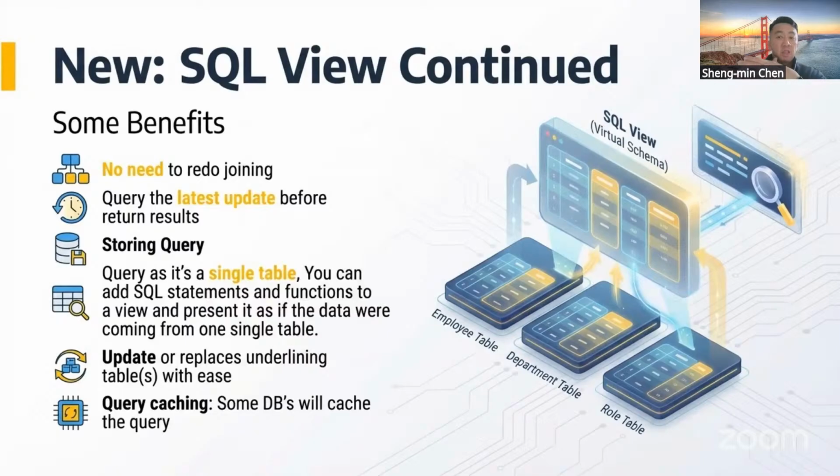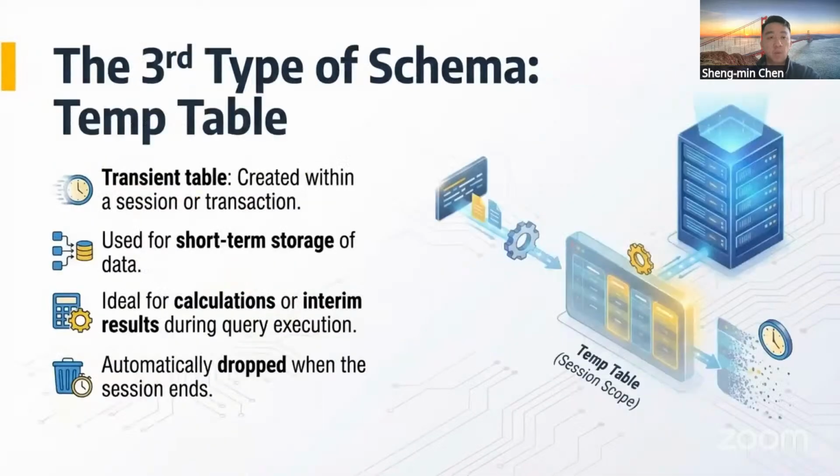It might keep it in memory so that it doesn't need to pull from the disk to get data that was previously returned, even though it's still going to look for the delta, meaning the updates on your underlying table, to get you the accurate data eventually. They have some smart caching mechanism to store in memory all data that this view had previously been called for. In that case, it would help make querying the view, getting the result, much faster.